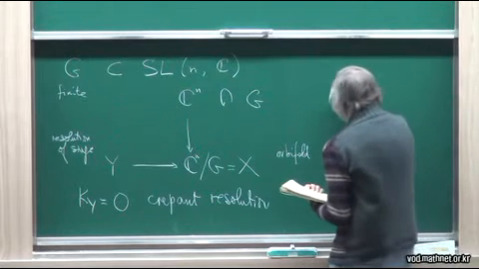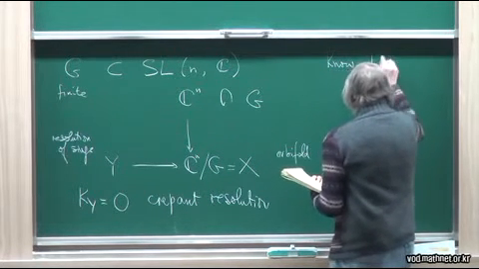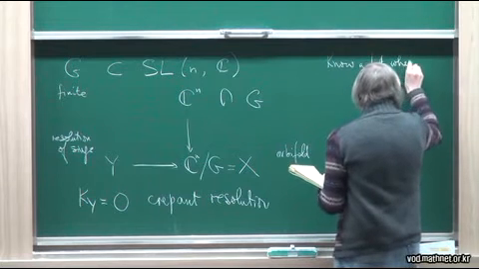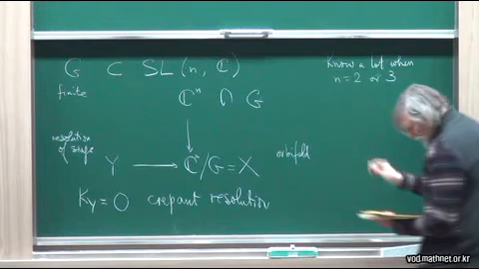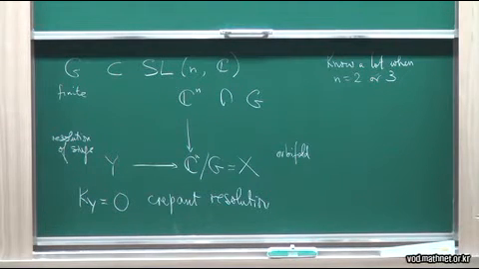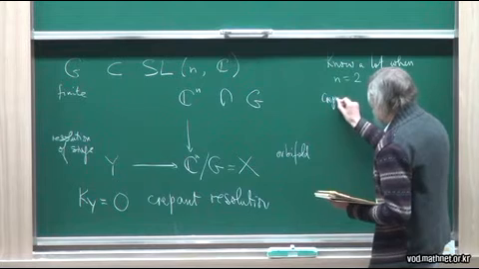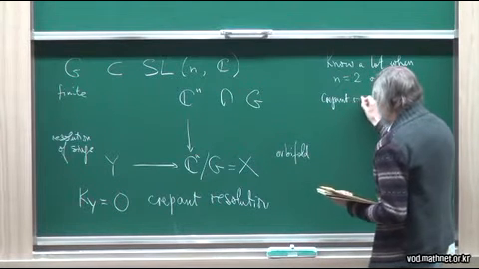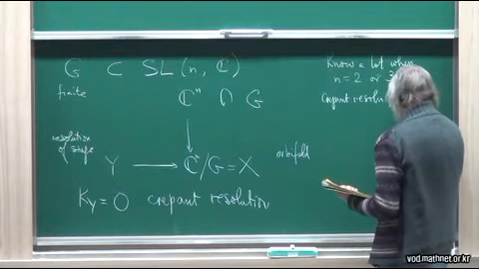Right, so we know a lot when n is 2 or 3. Yes, so a crepant resolution Y exists.